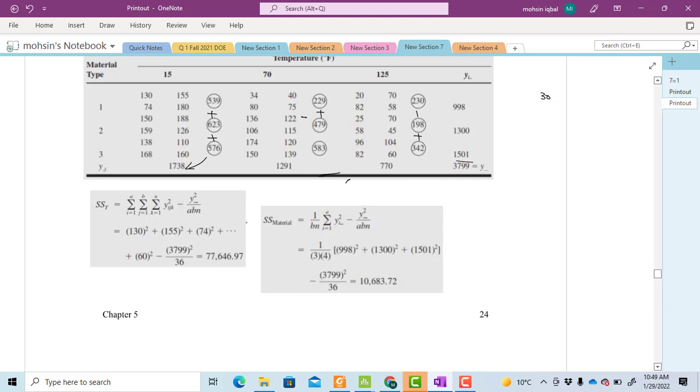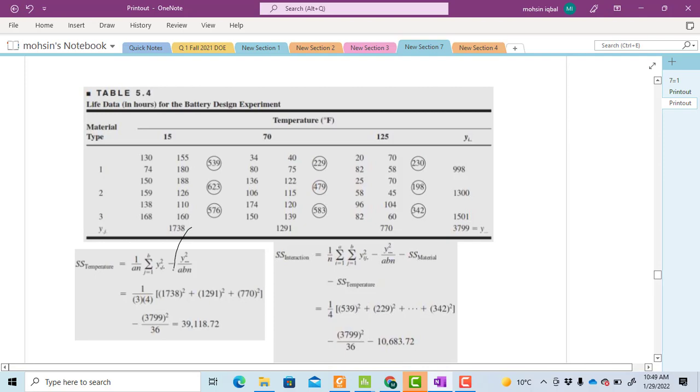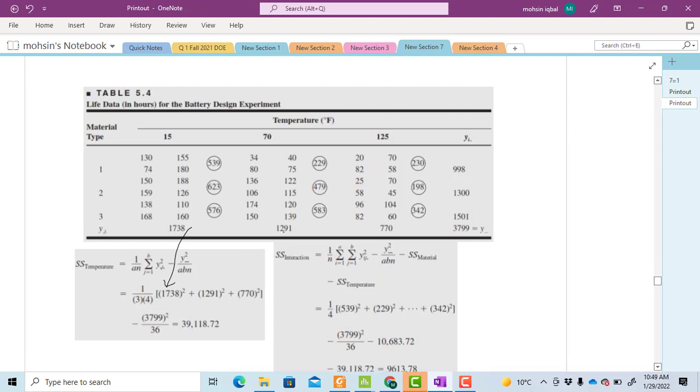In the next video, the sum of squares for the temperature has been calculated. By taking 1738, 1291 and 770, we have used these three values to calculate our sum of squares for the temperature.